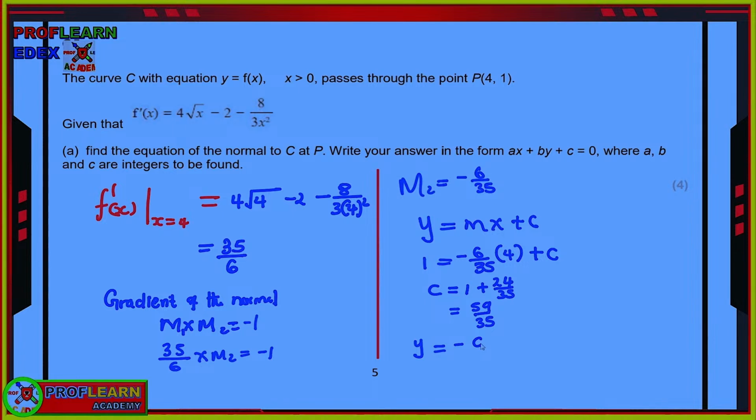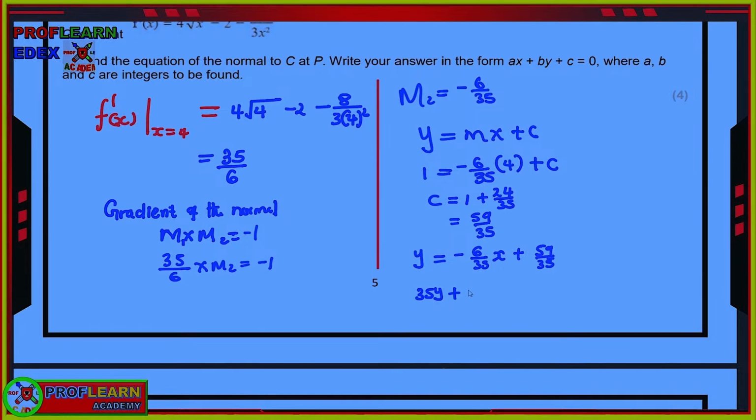We substitute the gradient, and we substitute the value of the y-intercept c, which is 59/35. But since we are asked to give it in that form, we are going to multiply all through by 35, so that we have our equation in the form ax + by + c = 0.